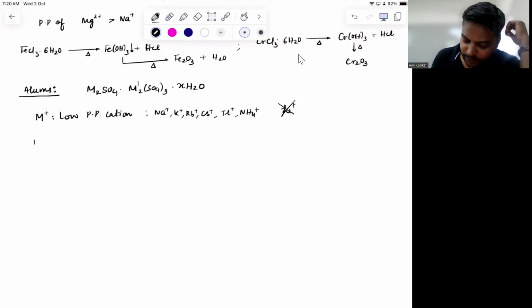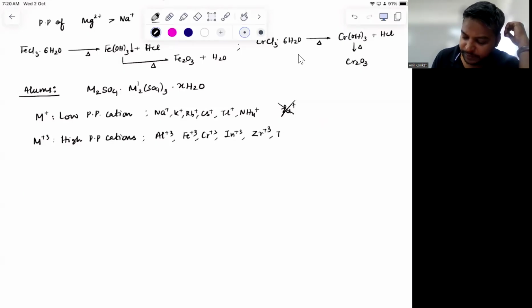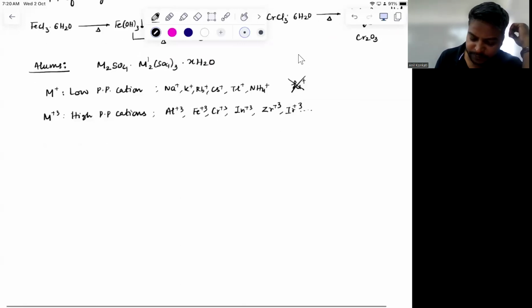While M'3+ should be a high polarizing power cation. That includes Al3+, Fe3+, Cr3+, In3+, Zr3+, Ir3+. They all will form various types of alums in this combination.